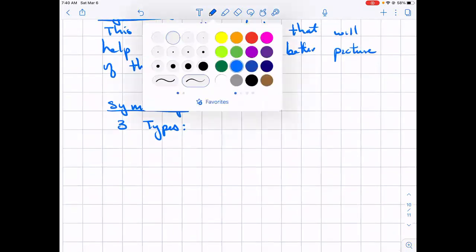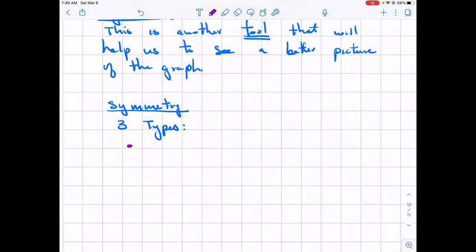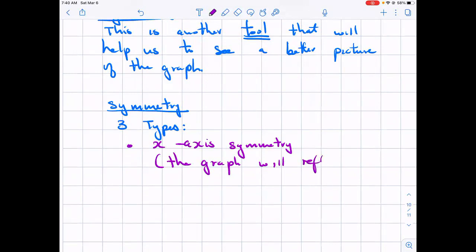Those are, we will have what is called x-axis symmetry. x-axis symmetry just means that the graph will reflect over the x-axis.